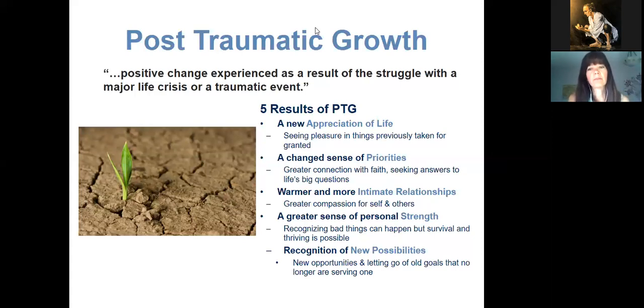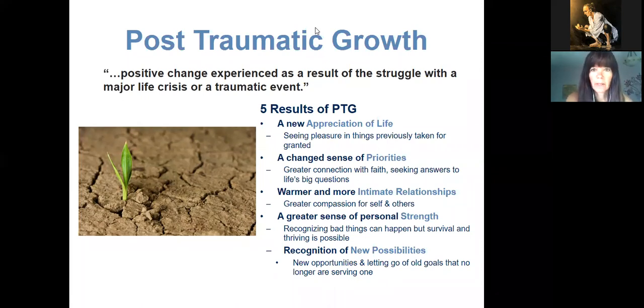This isn't about wishing adverse experiences on anyone. I don't. But it's important to know that the game is not over if we are going through adverse events. In fact, we can have a renewed sense of life, a different sense of priorities, a renewed sense of hope, and stronger connections as a result of going through adversity.